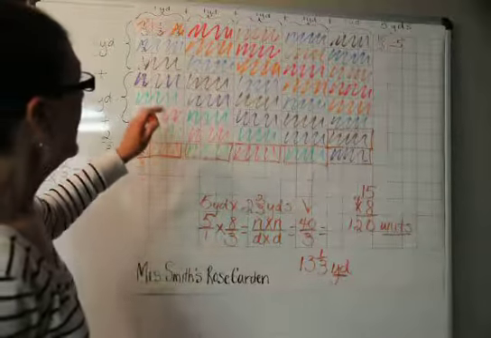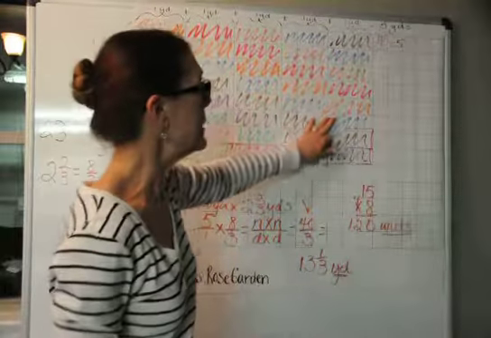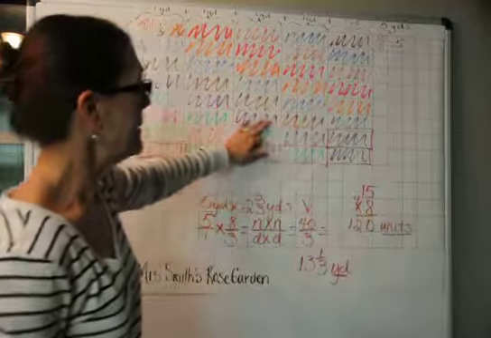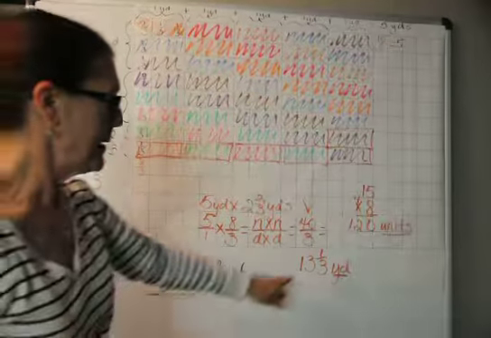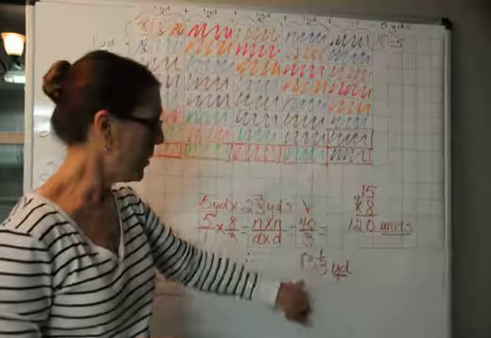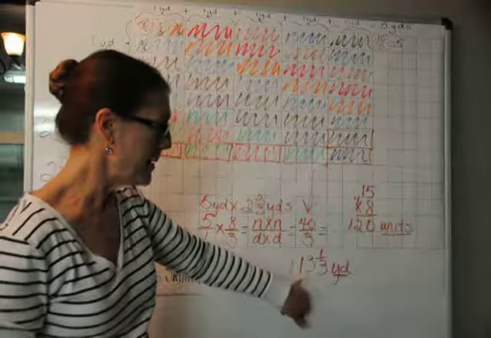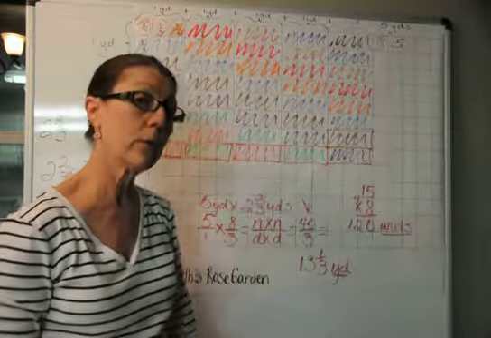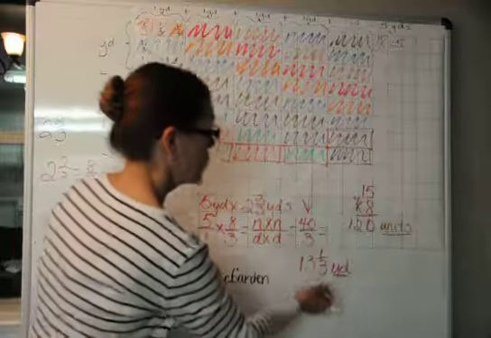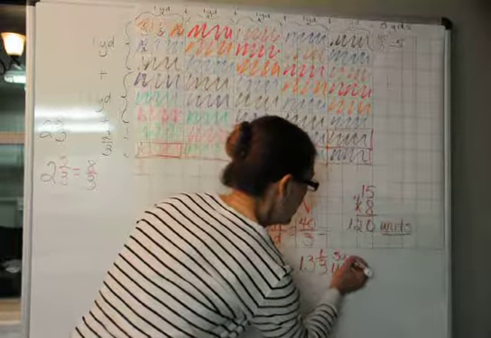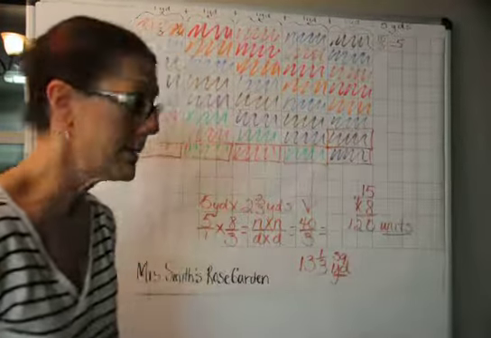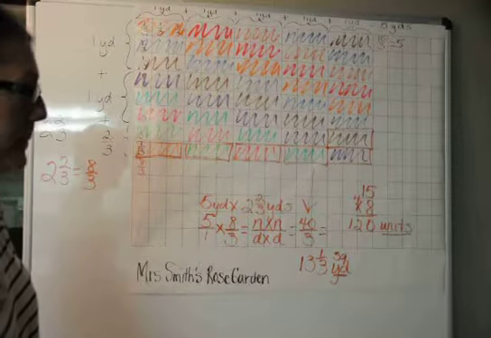So we have pictorially demonstrated that Mrs. Smith has 40 thirds, or when we simplify that, 13 1/3 yards, square yards, don't forget that, square yards as the area of her rose garden.